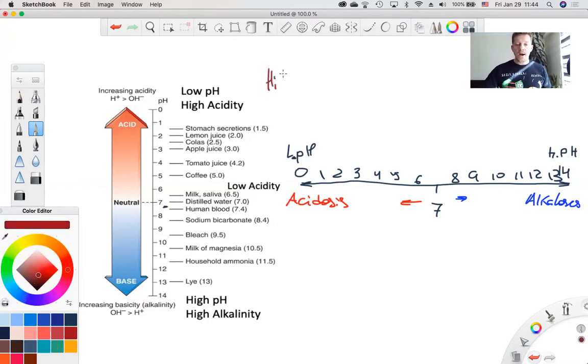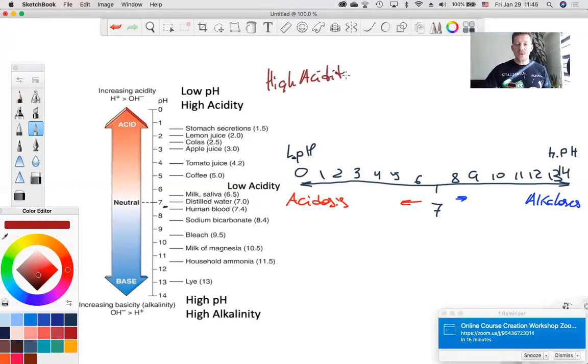So high acidity equals low pH. I know it could be confusing, right? And then you can say low acidity. I'm going to put it here. Low acidity, right?